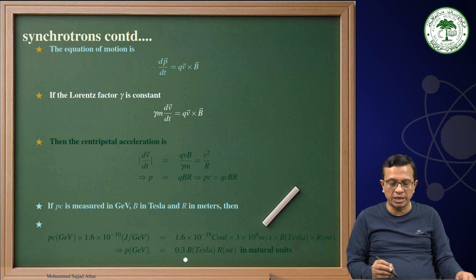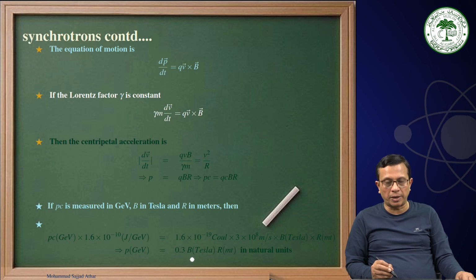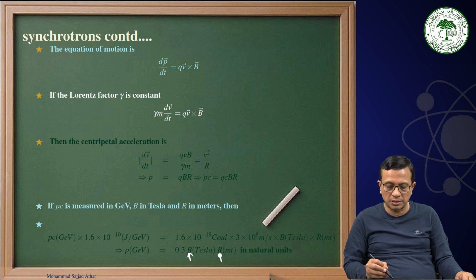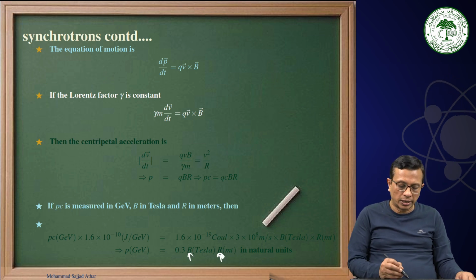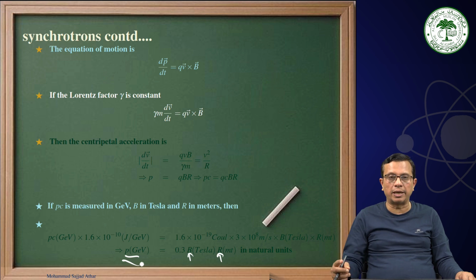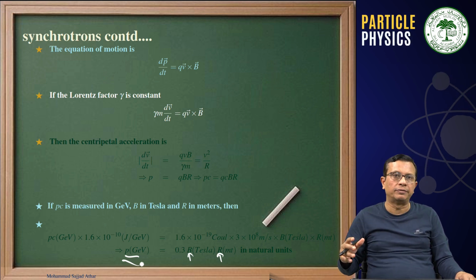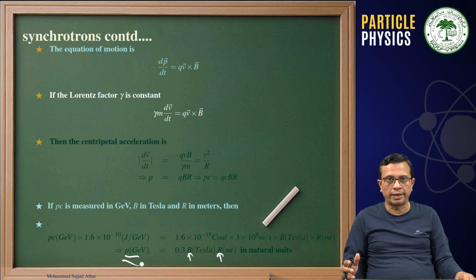This is 0.3 times the magnetic field that you are applying in Tesla, times r in meters, in natural units. Therefore, depending upon this, the energy of the particle is increased. This is how in a synchrotron we achieve a large amount of energy.